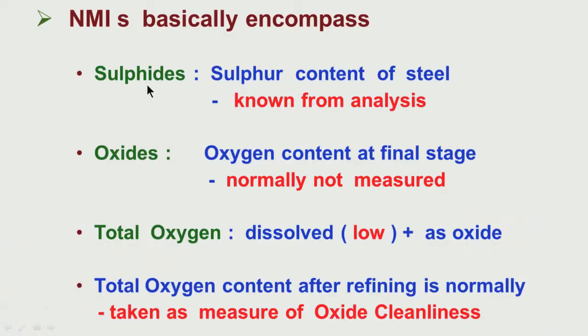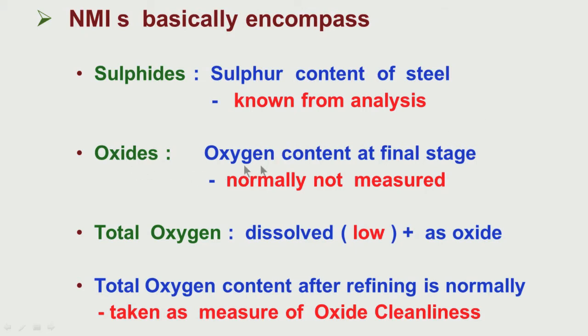We know certain applications for which sulfur has to be less than say 0.01 or 0.005 or even 0.003. So we know that if the sulfur is more, the sulfide inclusions will also be more. So from the sulfide point of view, we have some idea of how much sulfide will be present in steel from the sulfur analysis. If we know the sulfur is less than 0.005, we know the sulfide will be quite controlled in steel.